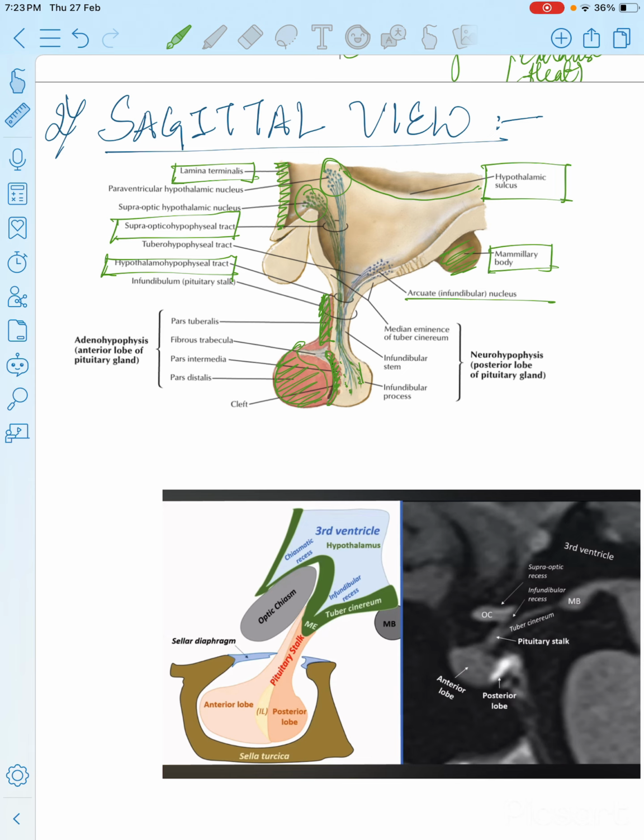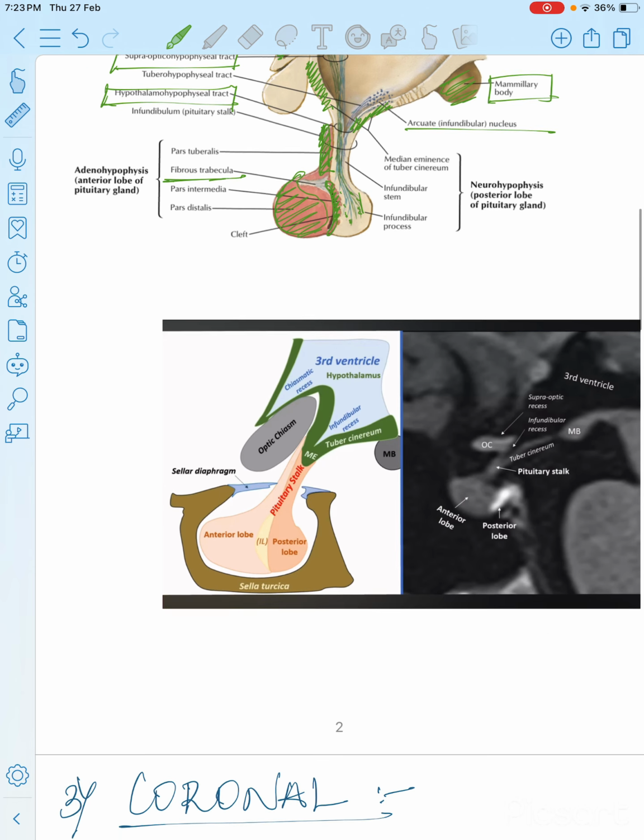There is also a non-functional fibrous trabecular part present in the pituitary. Also need to remember is the tuber cinereum and median eminence, which forms an intricate connection between pituitary and hypothalamic nuclei.